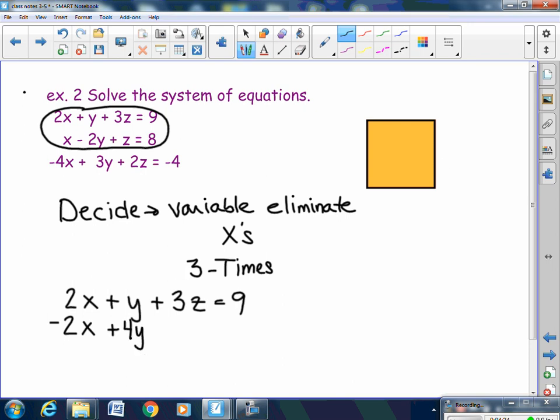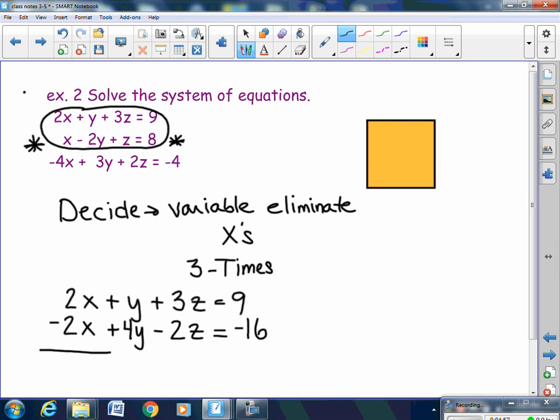The last part comes out to be a negative 2z. Don't forget to do the right side. Multiply that by negative 2, that makes a negative 16. So all I did was multiply every term of that middle one by negative 2, and that's how I got that.